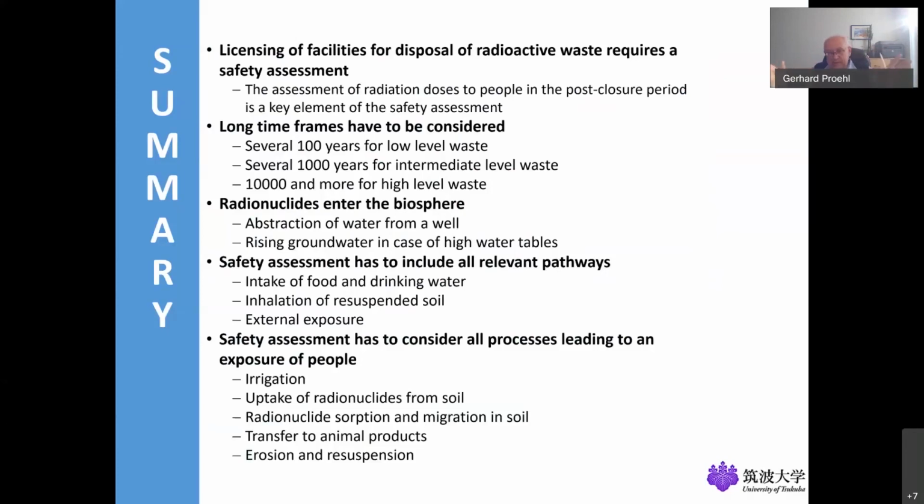We also have to consider all processes leading to an exposure of people, including irrigation, uptake of radionuclides from soil, radionuclide sorption and migration in soil, as well as the transfer to animal products and the erosion and resuspension.